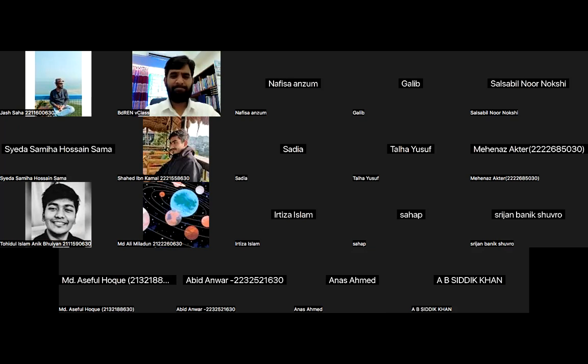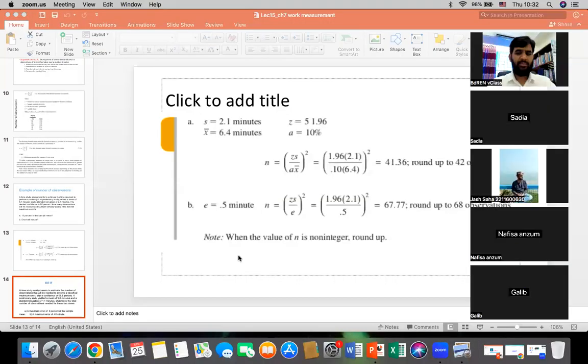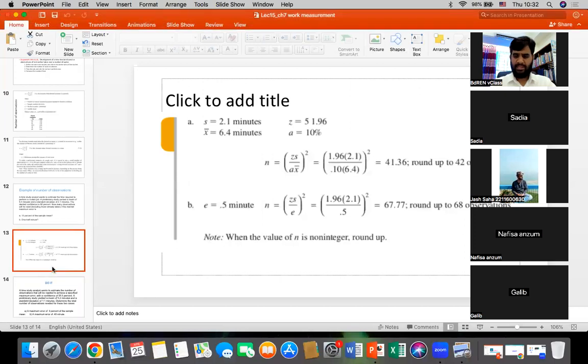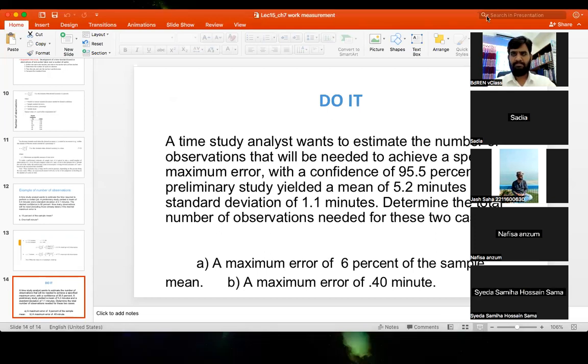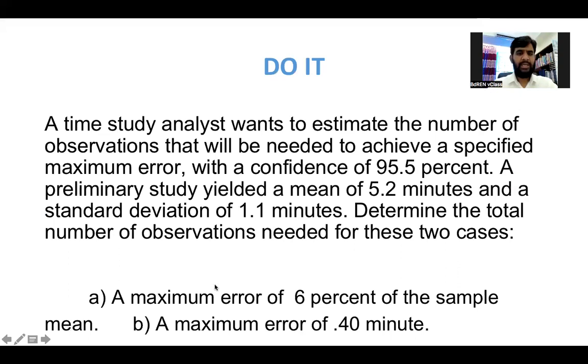Are you with me? Yes, sir. So what is the number of observations you need to have an accuracy of a maximum error of 6%?